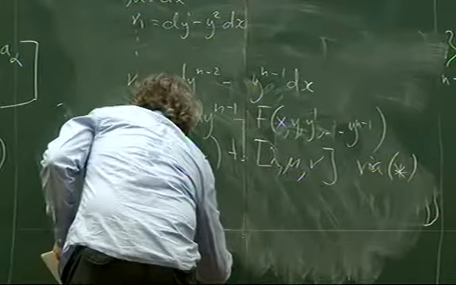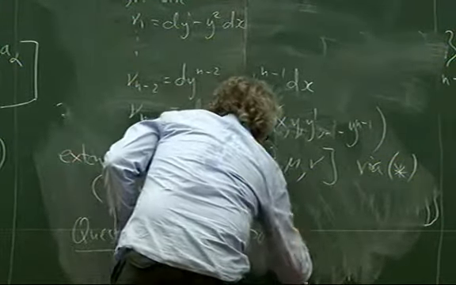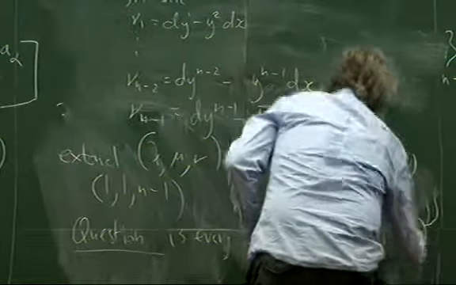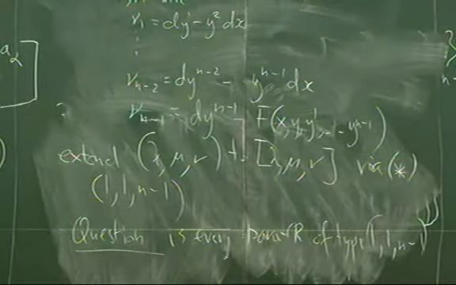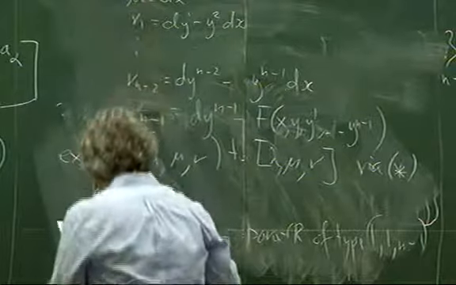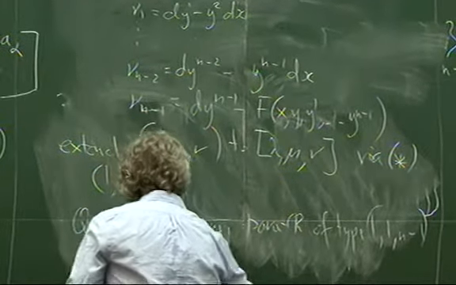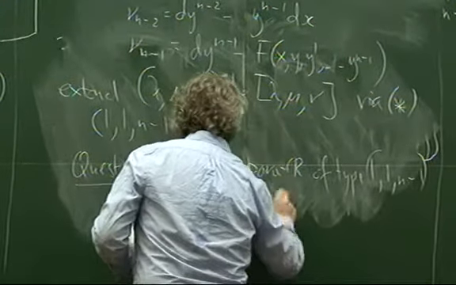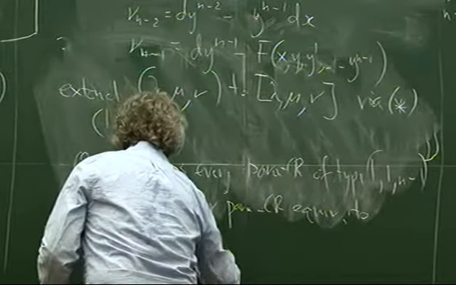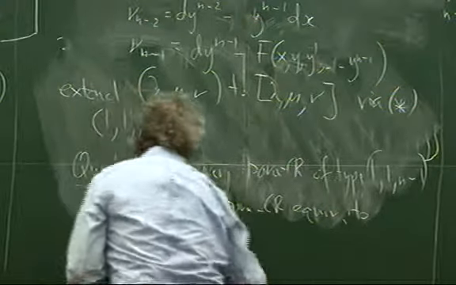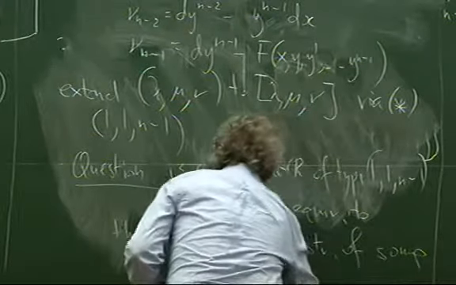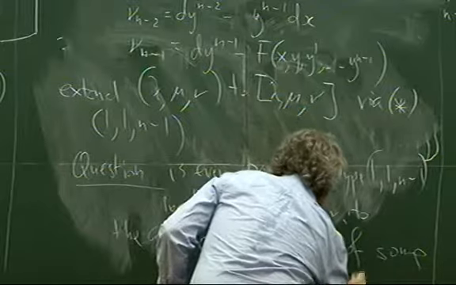Is every para-CR structure of type 1, 1, n minus 1 locally para-CR equivalent to a canonical para-CR structure of some nth order ODE?